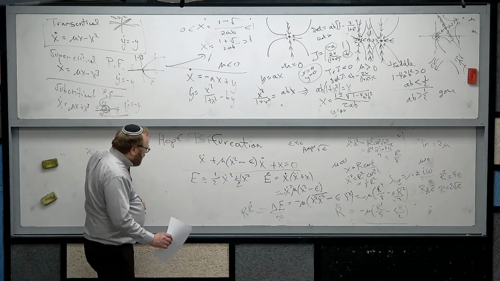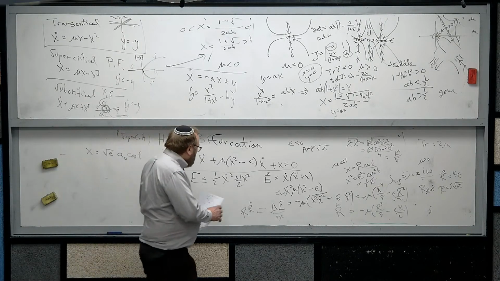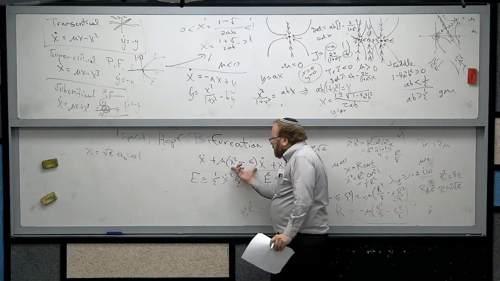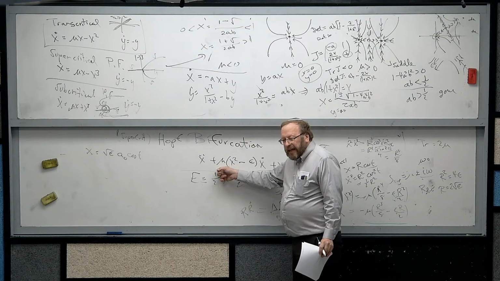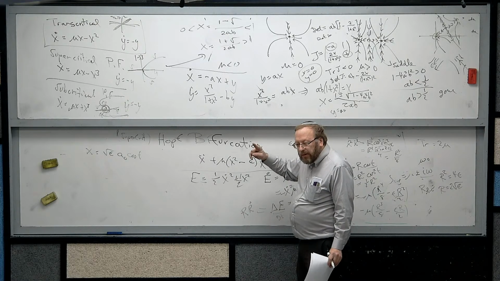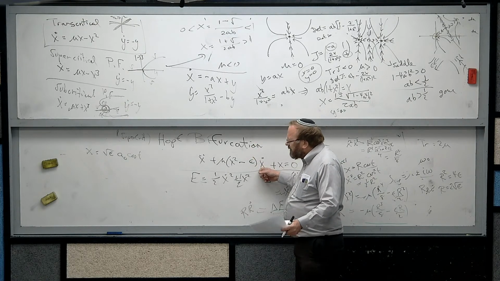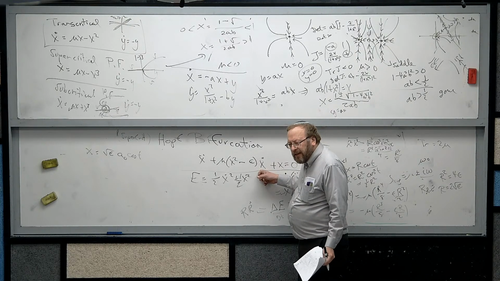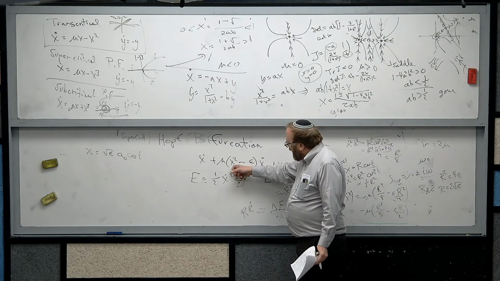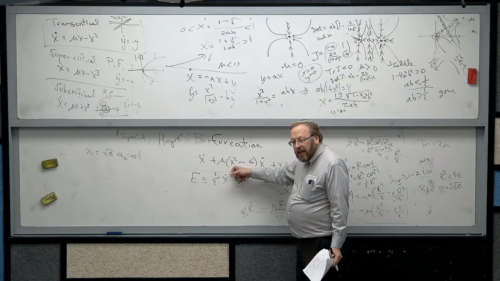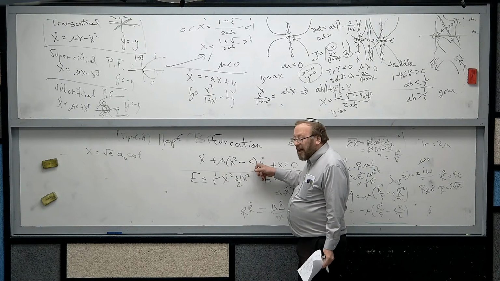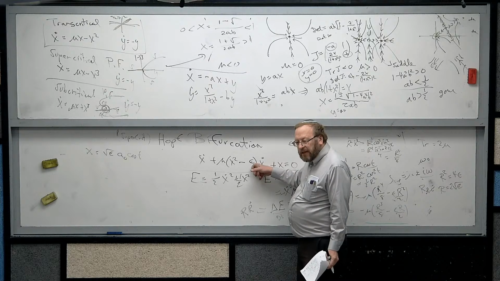Because here, the justification for saying this term is small is not that mu is small. It's because x is small and x dot is small. So if x is of order square root of epsilon, then this is epsilon to the 3/2. And this term is epsilon times epsilon to the 1/2, which is epsilon to the 3/2.